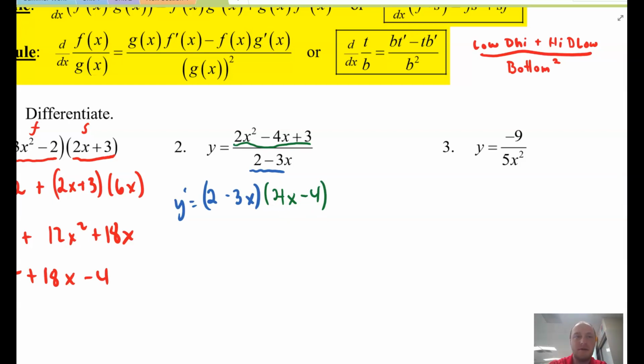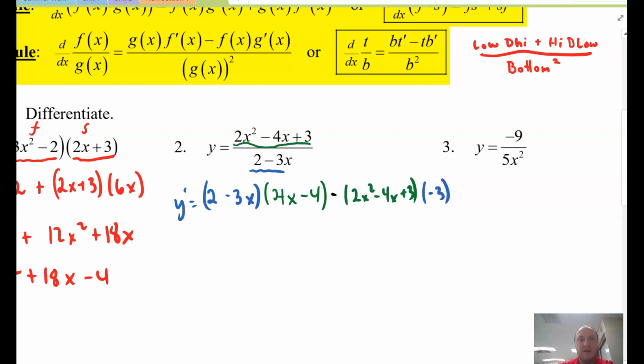Now I'm going to get my subtraction on. Subtract, times high d low. My top function, 2x squared minus 4x plus 3, times the derivative of the bottom, which would be -3.